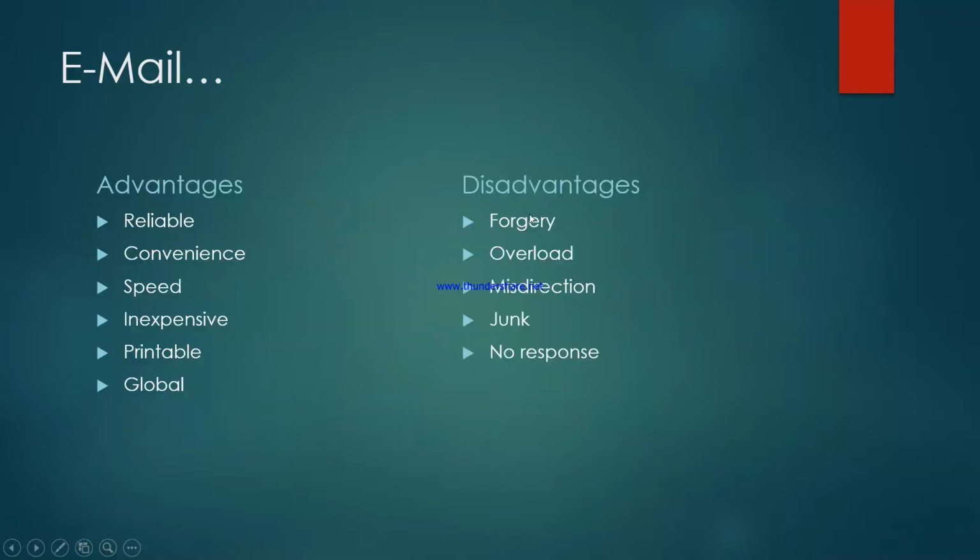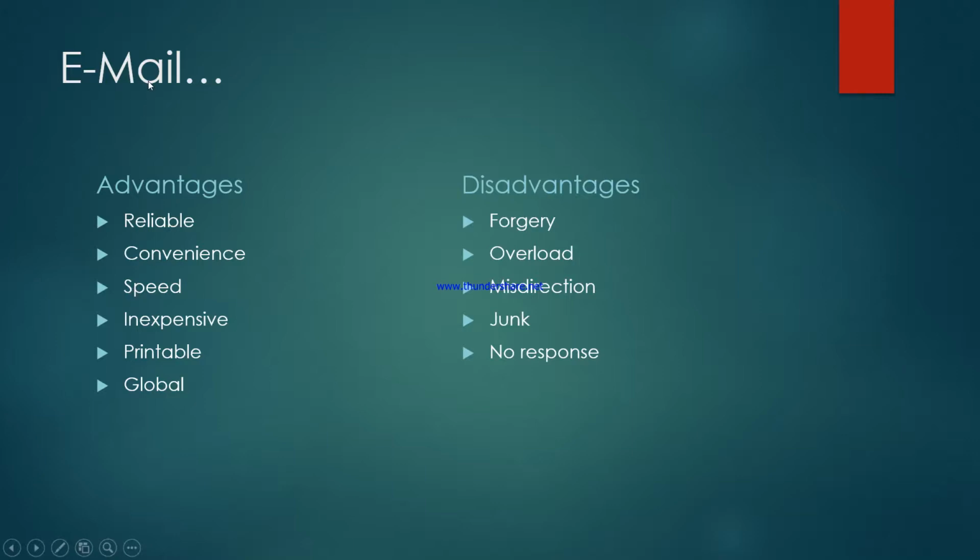So there are different advantages and also disadvantages of email. First we will discuss the advantages. The very first advantage of email is that it is very reliable, very convenient, and its speed is very high if we compare postal communication with email communication.